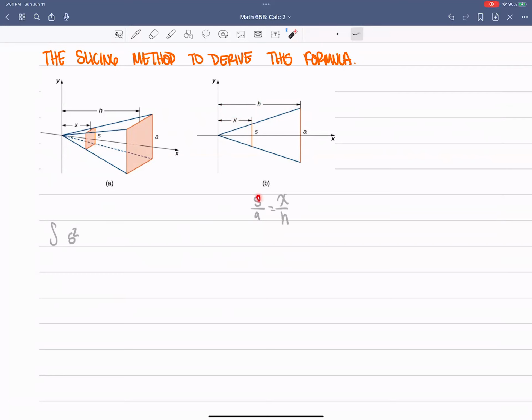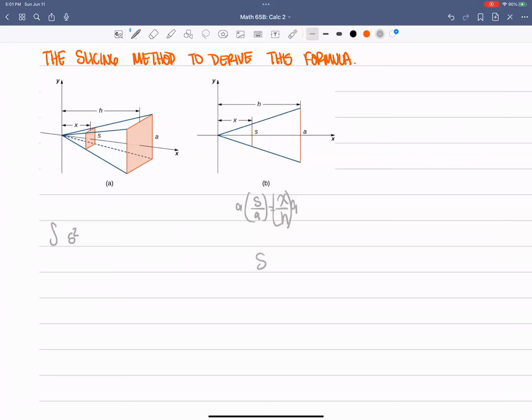So now s and a have something in common, and s and x have something in common. Now let's get s by itself to see what s is in terms of x, h, and a. Let's multiply both sides by a.